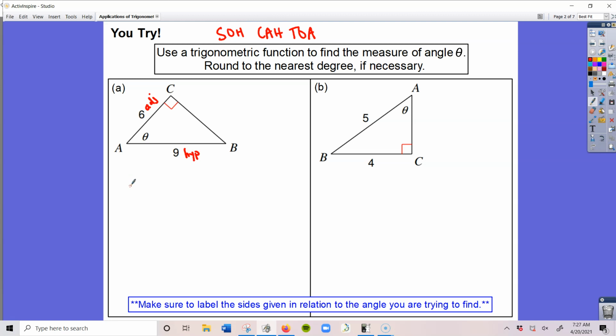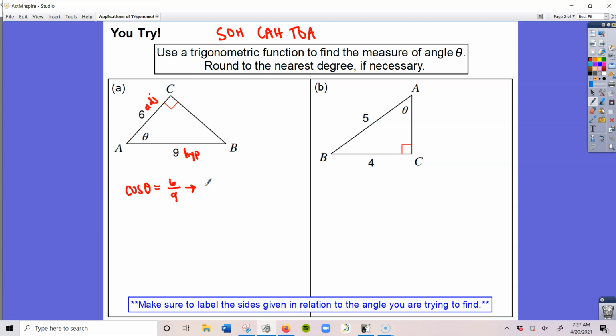So we would set this up as the cosine of theta is equal to the adjacent, which is 6, over the hypotenuse, which is 9. Now you can choose to simplify this fraction if you wanted to, but you don't necessarily need to, since the calculator is just going to do the work for us anyway.